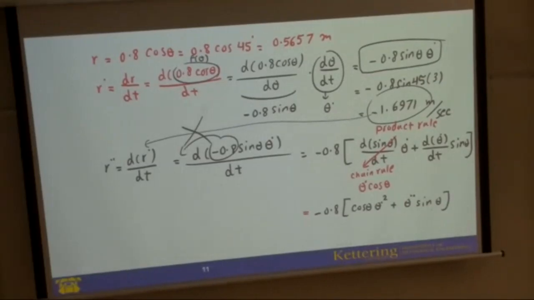If you plug in the values, theta double dot will be 0. Theta dot is 3. This angle is 45. If you plug in and calculate, R double dot will be minus 5.091 meter per second square.